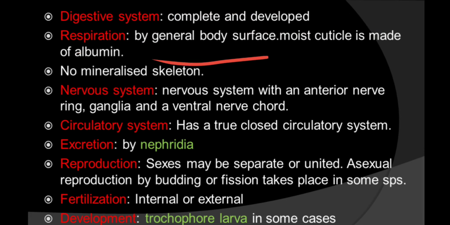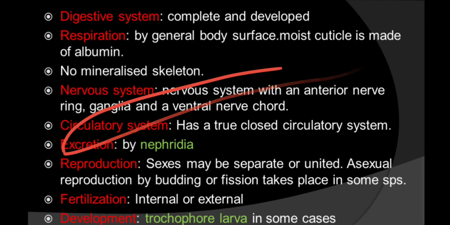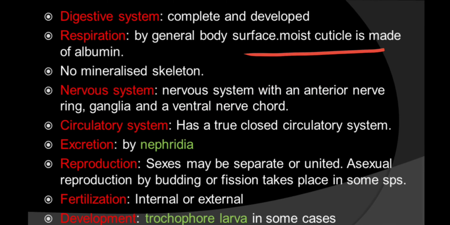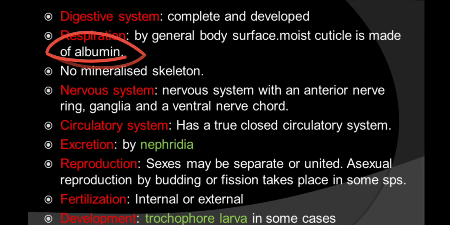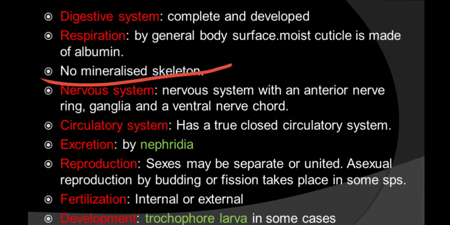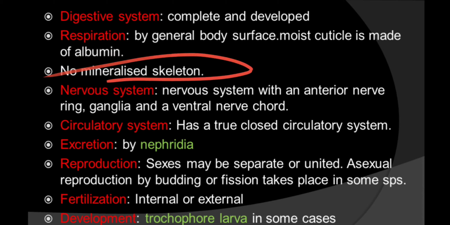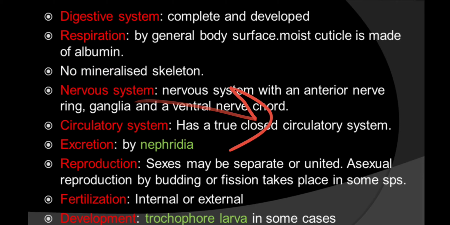Their cuticle layer is there around their body, and it is made up of a protein. So cutaneous respiration is there. No mineralized skeleton; the skeleton is absent. So the fluid which is filled in the coelom acts as a hydroskeleton. The fluid filled in the coelom absorbs water, so it acts as a hydroskeleton.